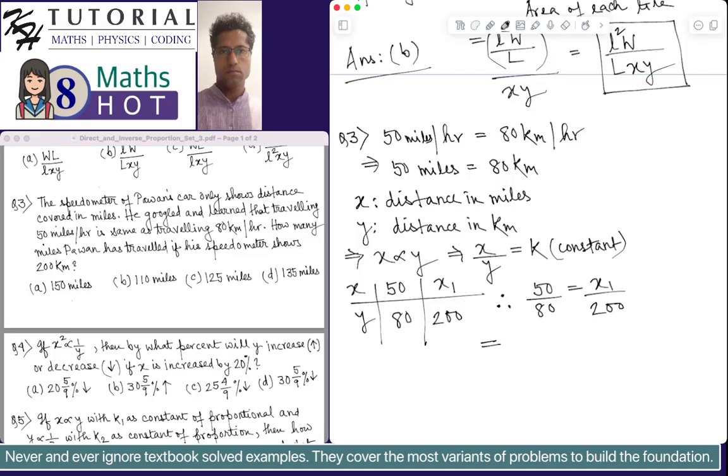So x1 is equal to 200 multiplied by 50 divided by 80.